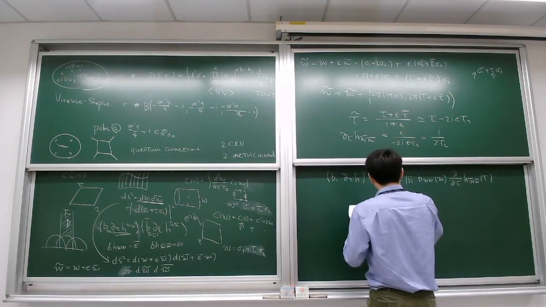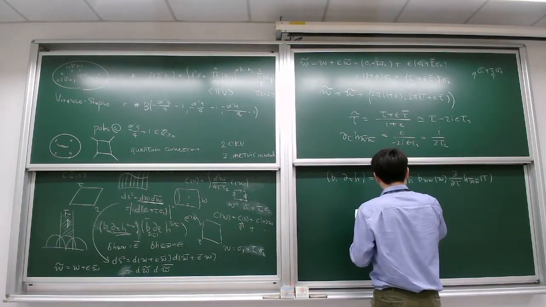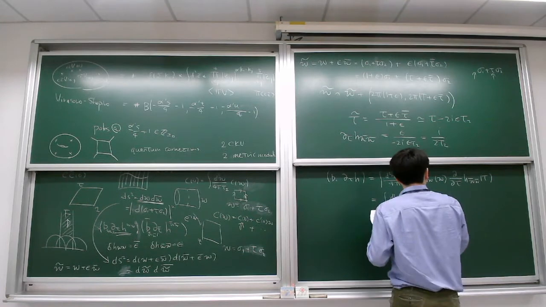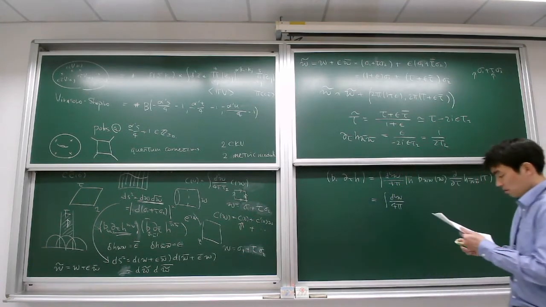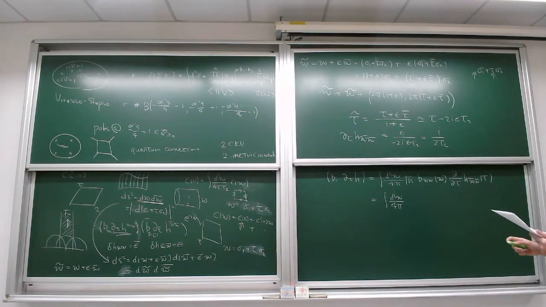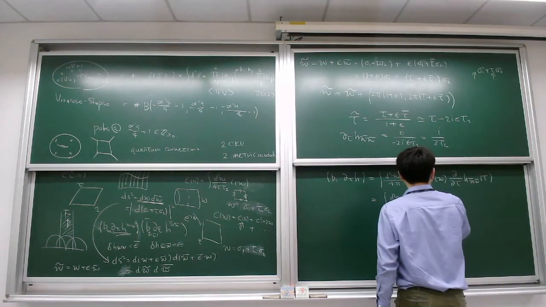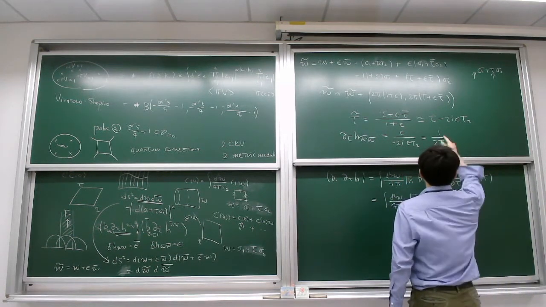So let's see, d squared tau over 4 pi tau, and then 4 pi. Let's see, 4 pi squared H BWW, and you just plug in here.